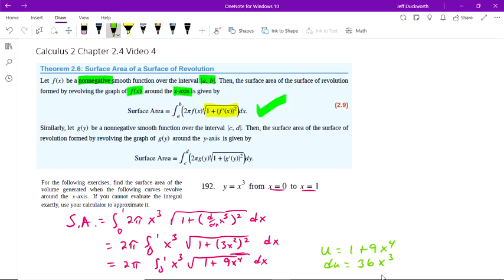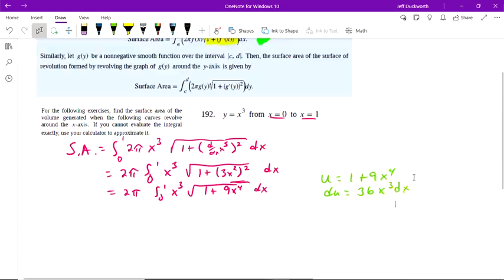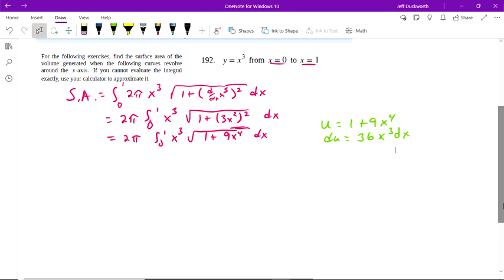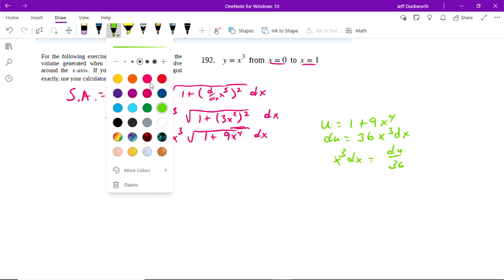So we don't have a 36, and excuse me, we're going to add a dx here, of course. So this means that x cubed dx equals du over 36. So the 36 needs to be used as well.